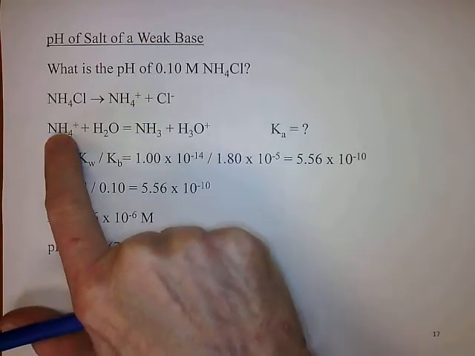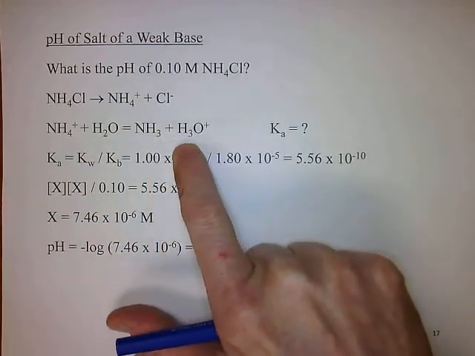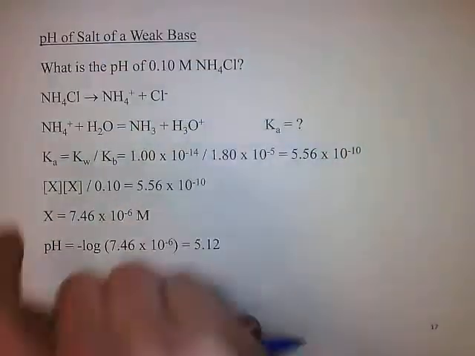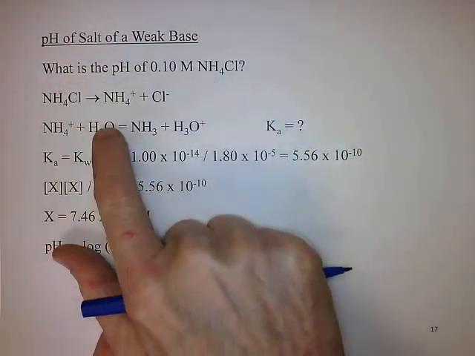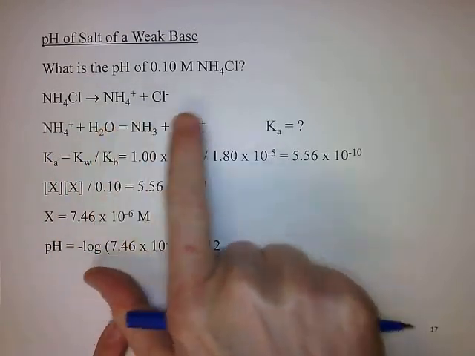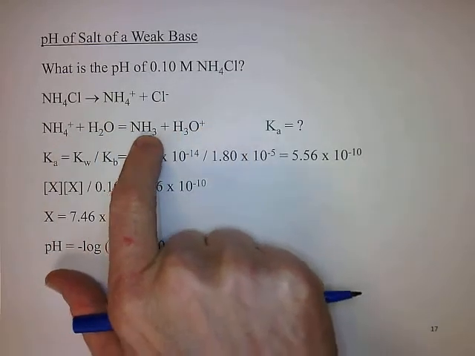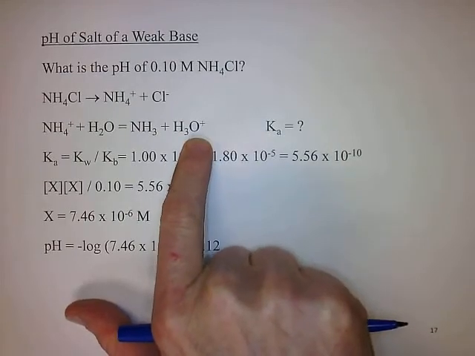So ammonium ion plus water becomes ammonia plus hydronium, right? We're transferring a proton, which is attaching to the water. So NH4+ to NH3 loses a proton, and that attaches to water and becomes hydronium.